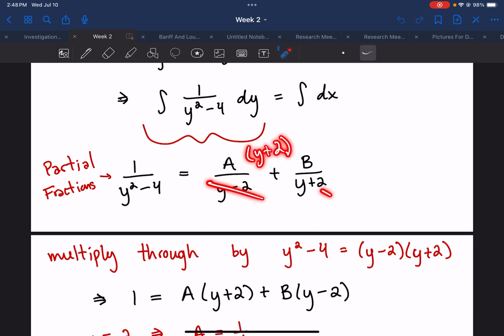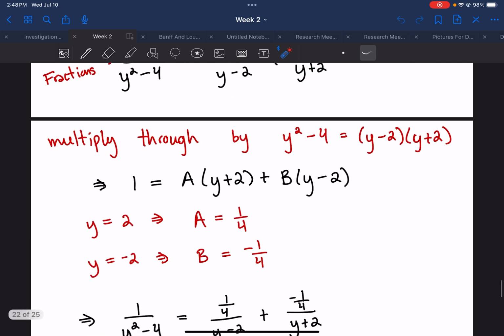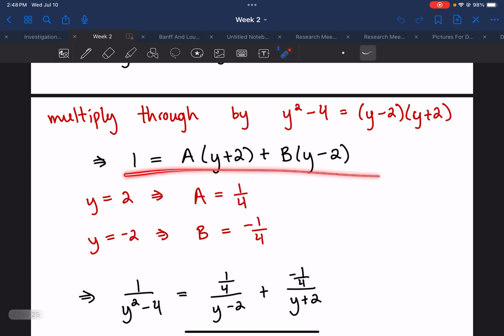And the same thing over here: when I multiply through by y squared minus 4, I cancel the y plus 2, and I'm left with the y minus 2. So after multiplying through by this denominator, I'm left with this equation: 1 equals A times (y minus 2) plus B times (y plus 2).